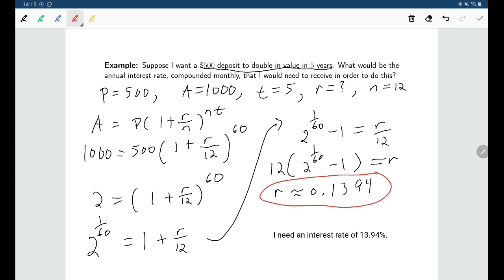And of course, that would mean you'd have a negative interest rate, and that's not what banks do when they're paying you interest. The interest rate is a number between 0 and 1, so that's the reason, in case you're wondering why didn't I do plus or minus, because I knew in this case the interest rate must be positive, so there couldn't be a negative 60th root of 2 in my calculations. So for this, if I want my money to double in 5 years, I need my interest rate to be 13.94%.